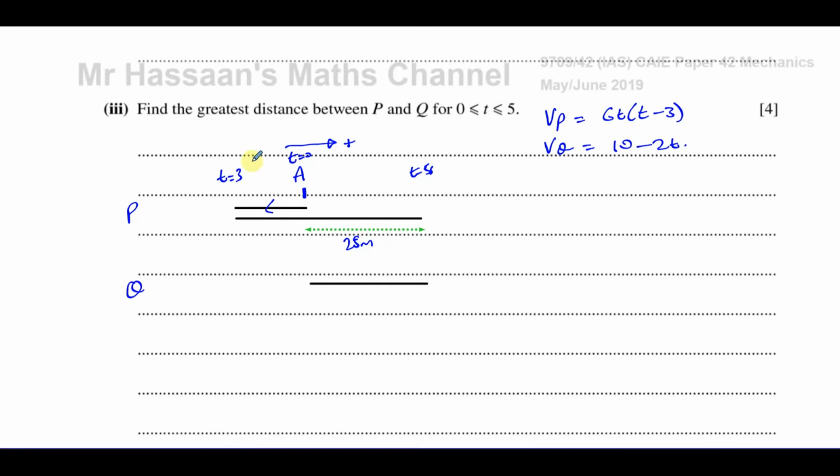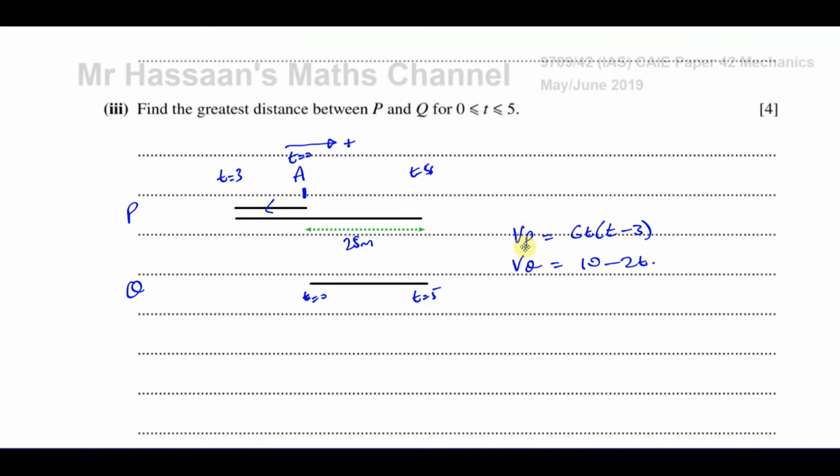It started off with a speed of 10 meters per second and ended up with a speed of 0 meters per second after 5 seconds. So this is also 25 meters, the same distance, at time equals 5, and this is at time equals 0. Those are the two situations for P and Q.